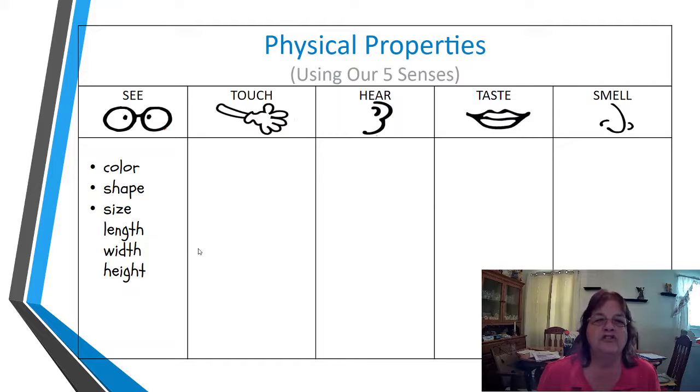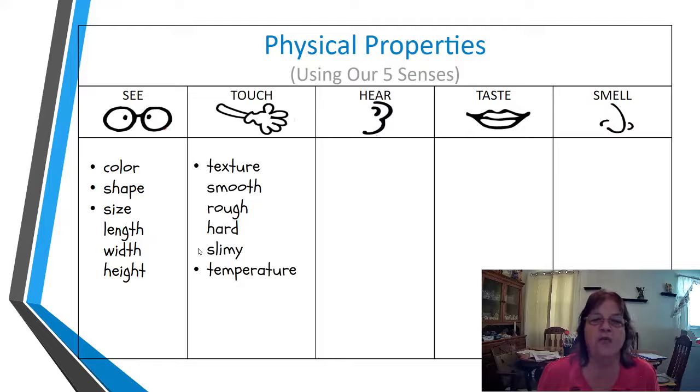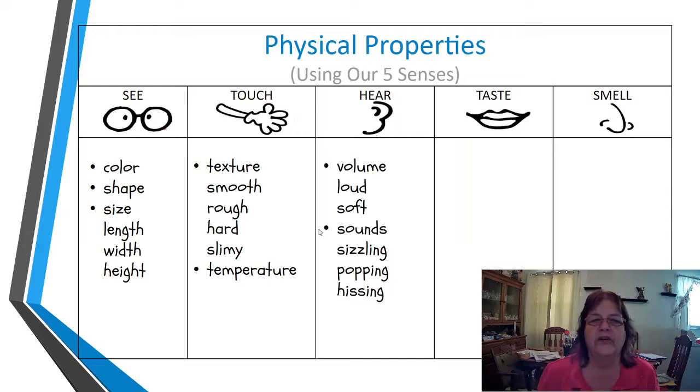With touch, you feel the texture, how smooth it is, how rough it is, how hard it is, how slimy it is, and you feel the temperature. It's cold, hot, warm. Here, you hear the volume, how loud something is, how soft something is. The sounds like sizzling, popping, hissing.